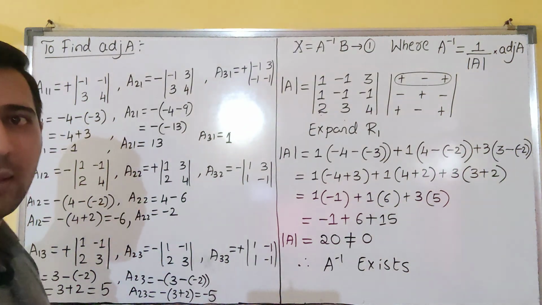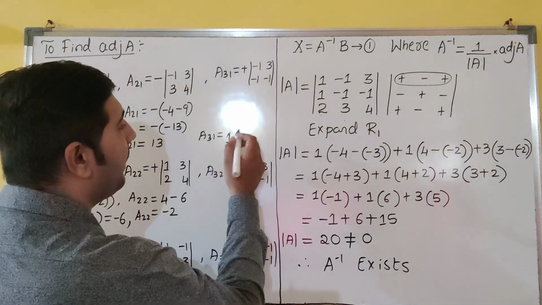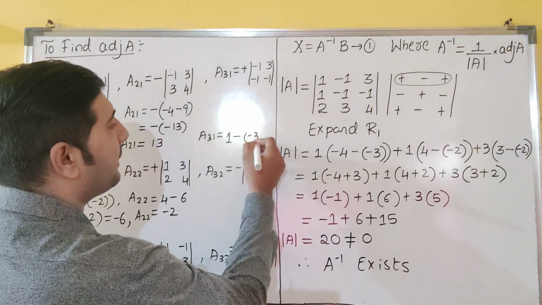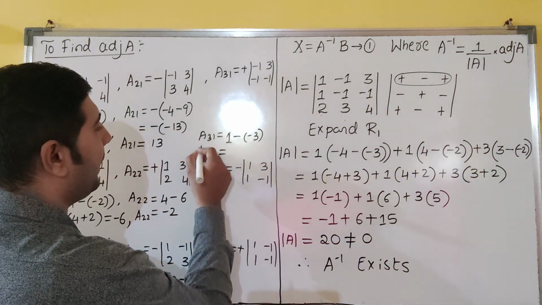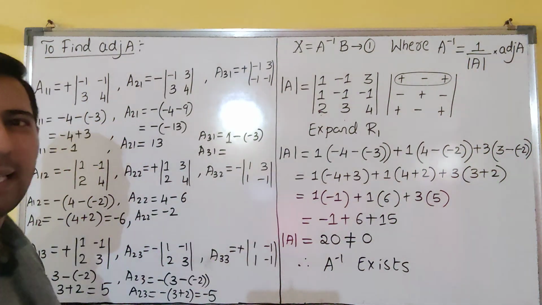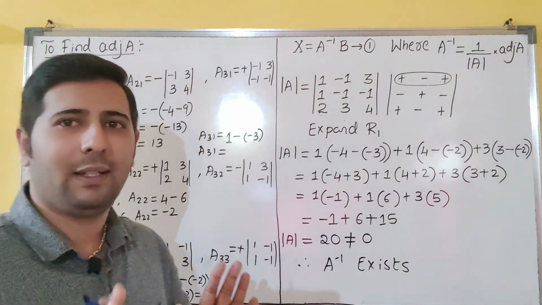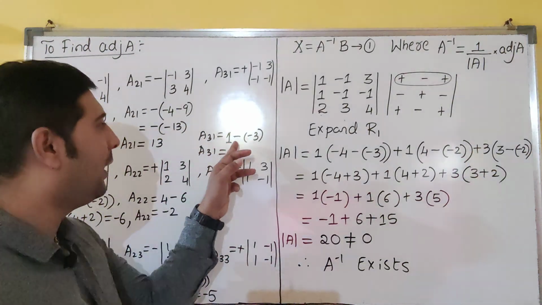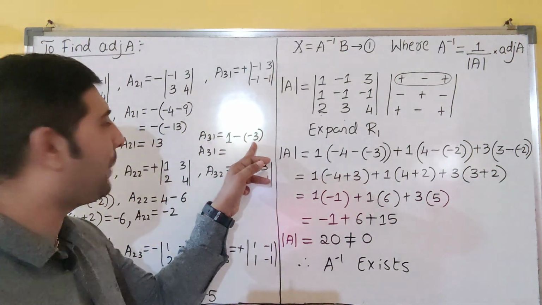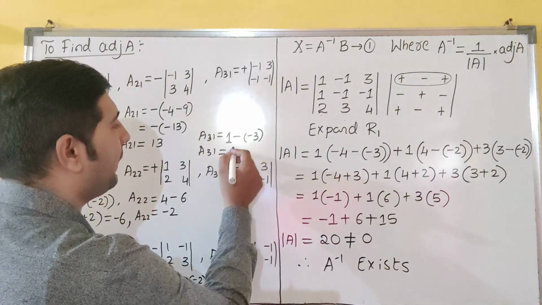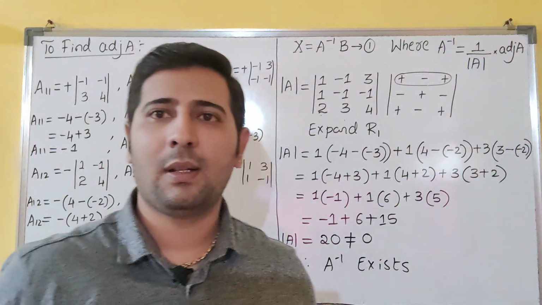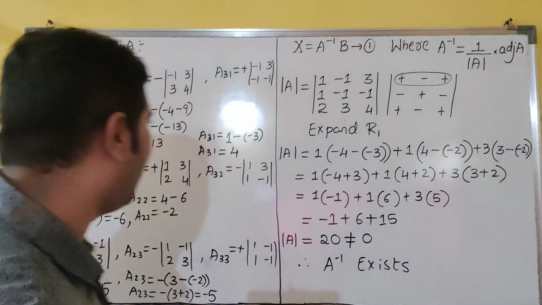Minus 1 into 3, minus 3. So you will get A31. Directly I will say, a little bit of space is not there, I am really sorry for that. Please try to understand my problem. So minus into minus plus 3. 3 plus 1 is 4, dear students. I hope this is clear. Understood, no? Fine. Very good.